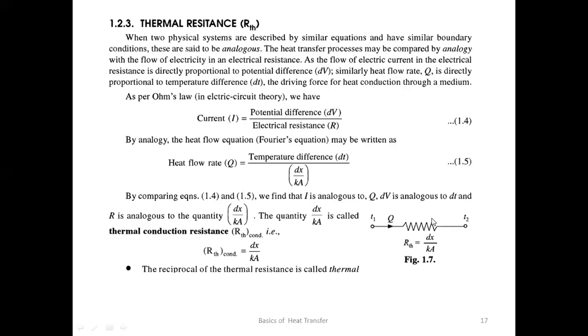This is the sketch of resistance. From here we know that the current is flowing from high voltage to low voltage. Similar to that, heat is flowing through this thermal resistance, from high temperature to low temperature. And this is the value of thermal resistance, delta L by K or delta X by K.